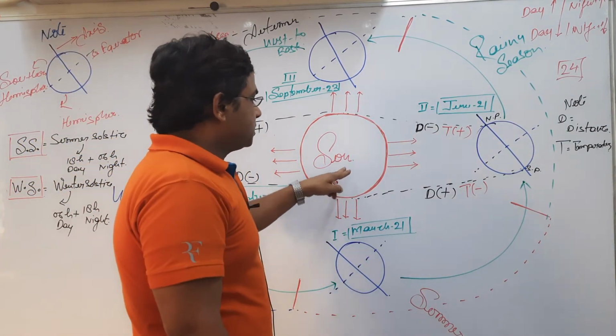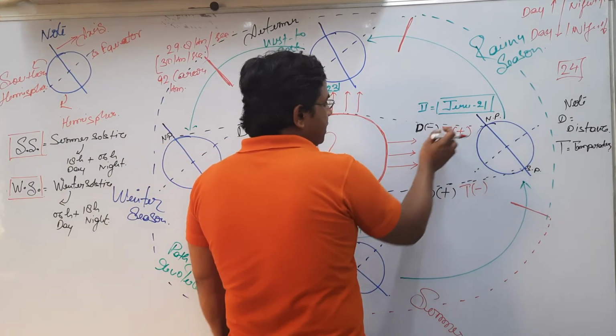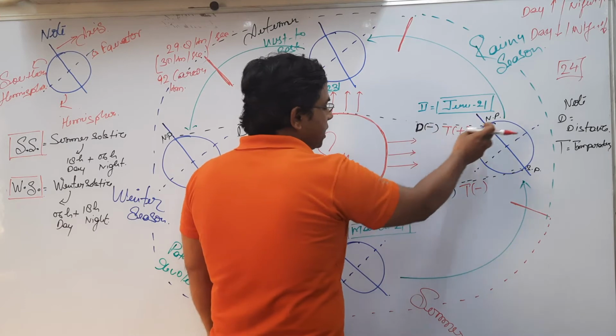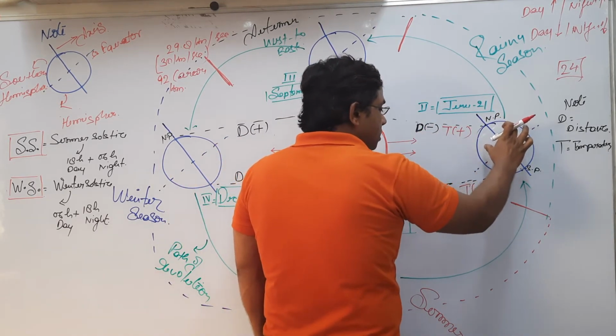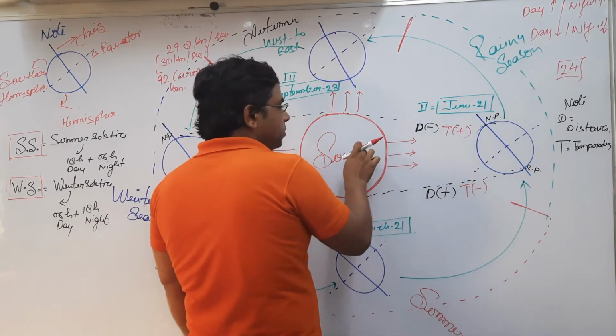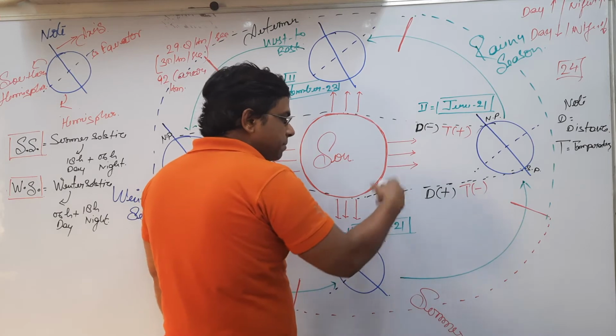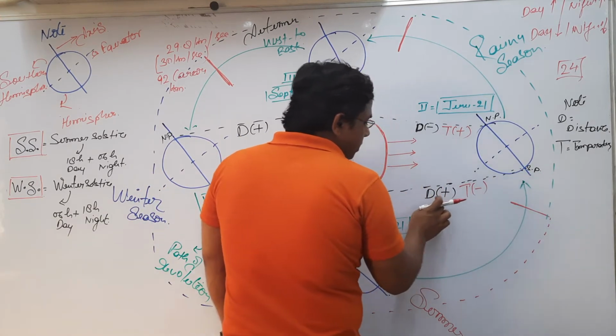Now the sun is that hot point, and the North Pole is maintaining the minimum distance. That means the North Pole and simultaneously the northern hemisphere is maintaining the minimum distance from the sun. At the same time, the South Pole is maintaining the maximum distance.